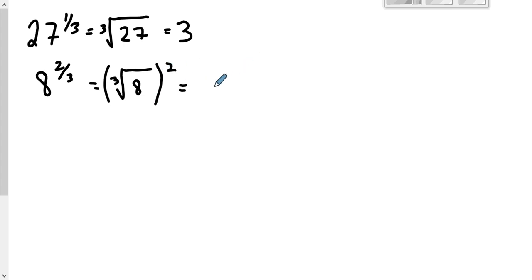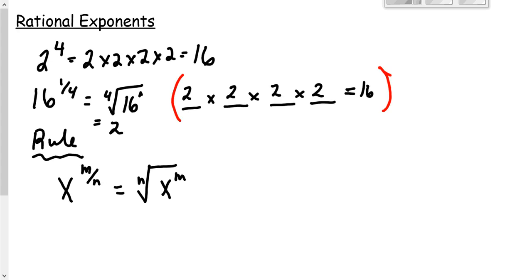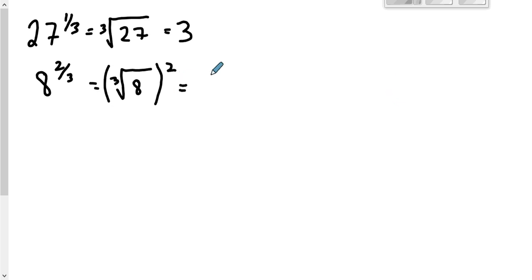The other way, like I wrote on the previous page, where I put that top number on the inside right here, you can do that as well. So you could also write this as squared and then cube root. Both ways are accurate.